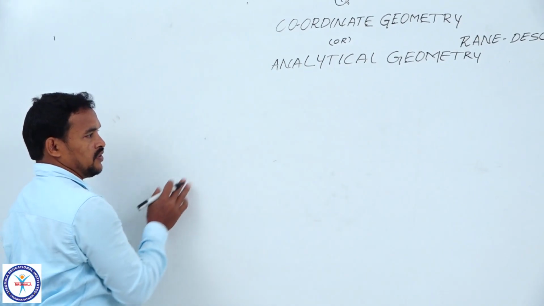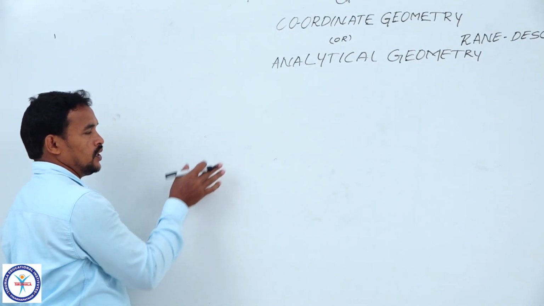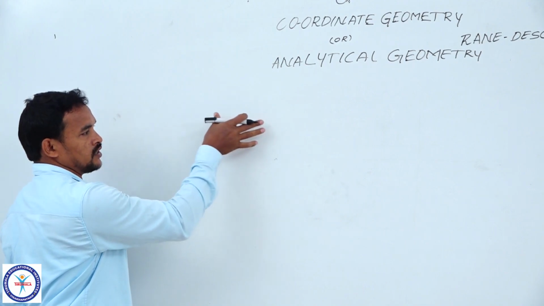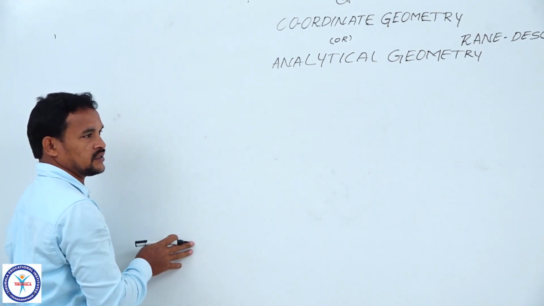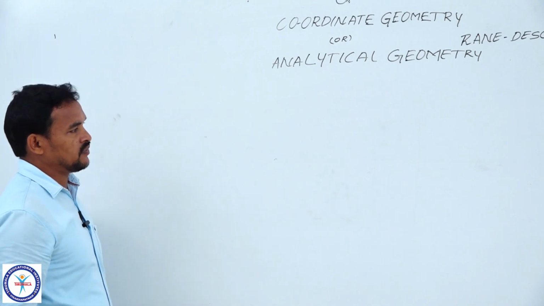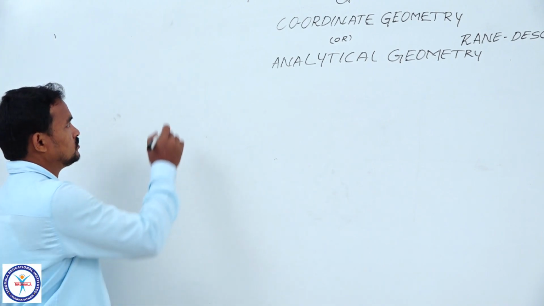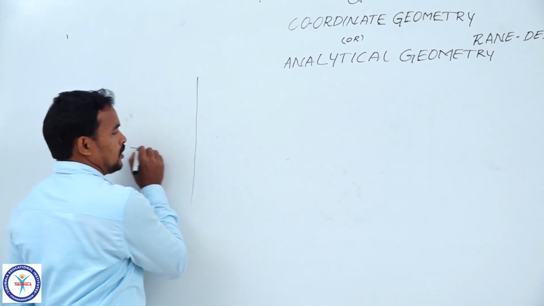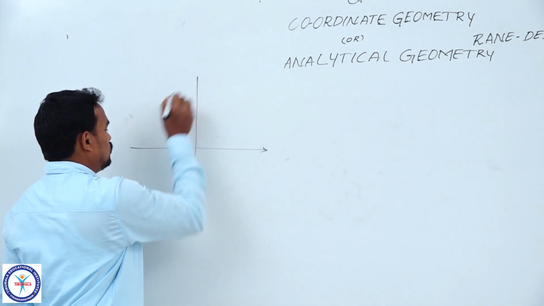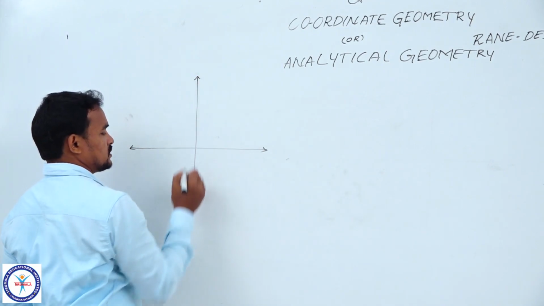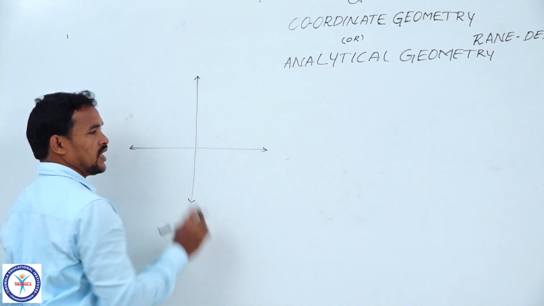Now, in the previous class, the points P and Q were both taken on the x-axis or on the y-axis. Then how to find the distance between them? We already learned that. Now, the points P and Q do not lie on the x-axis and also do not lie on the y-axis.